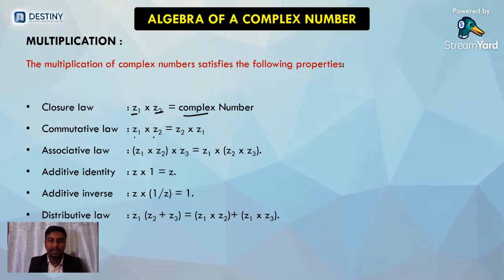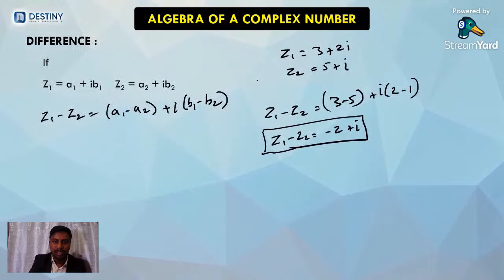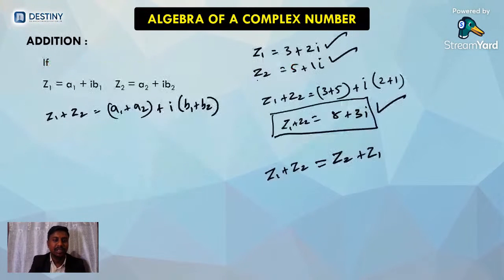So let me take the numbers and tell you. 3 plus 2i and 5 plus i, multiplication. Okay, let me multiply the numbers here. 3 plus 2i into 5 plus i.